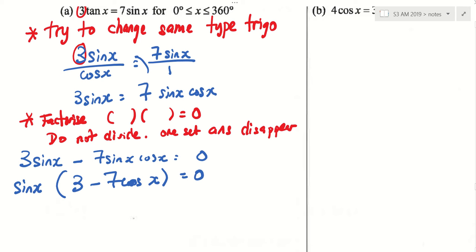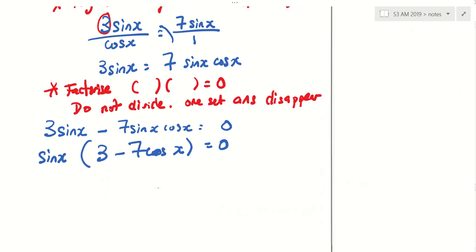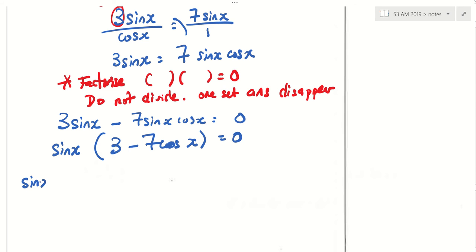And when two things multiply together to get 0, we say that the first thing will be 0 or the second thing will be 0. Remember the one like quadratic equation, solving for x. So you can write sine x equals to 0 or 3 minus 7 cosine x equals to 0.